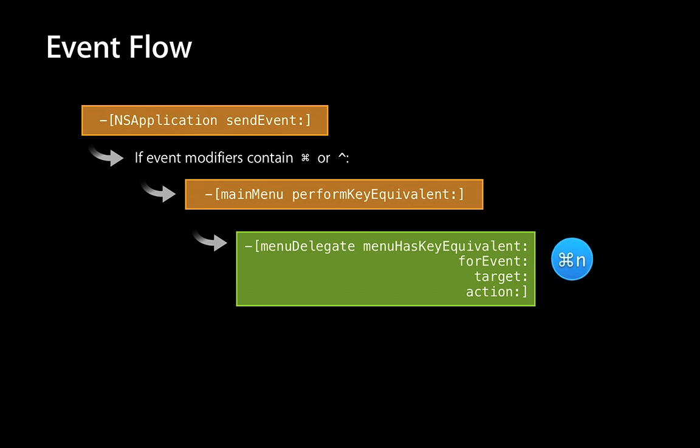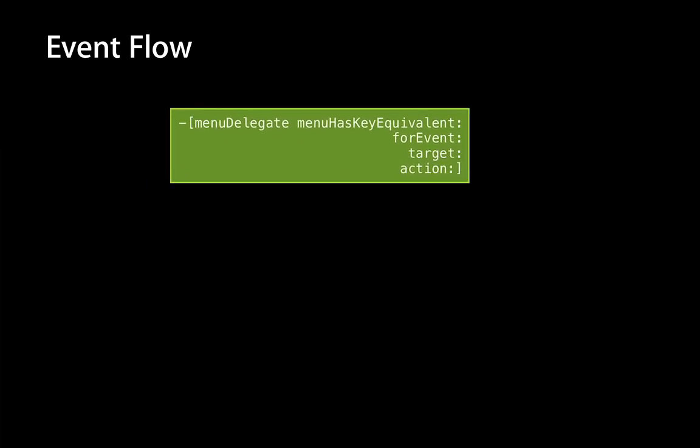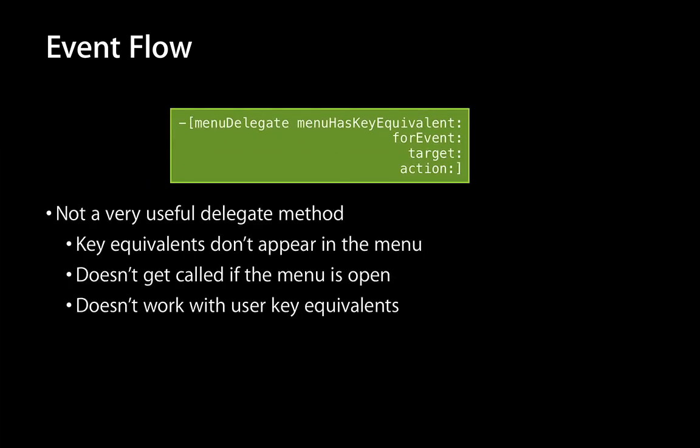This looks tempting, but in fact, this is a problematic method for a couple of reasons. One of them is that if you just dynamically say yes, it had it, or no, it didn't have it, we don't know what to draw in the menu item. And it doesn't get called if the menu is opened. So if the user opens the menu and then types a key equivalent, this method will not get called. And lastly, it doesn't work by default with user key equivalents.